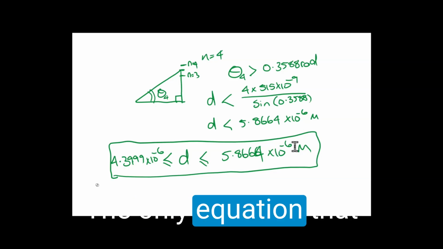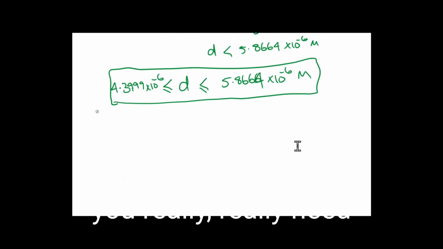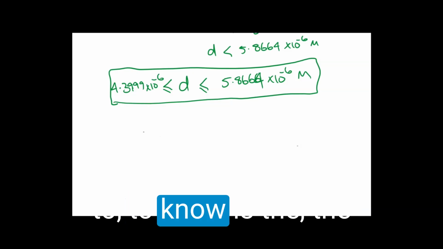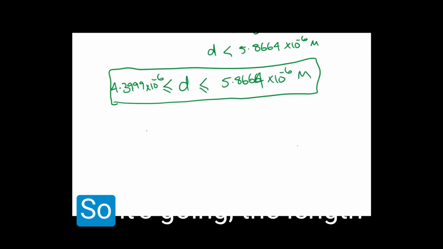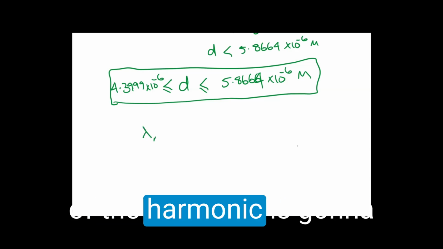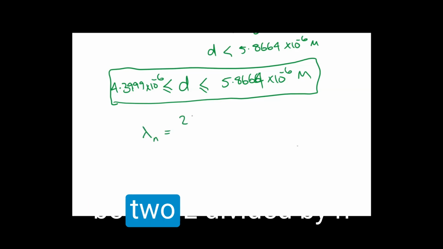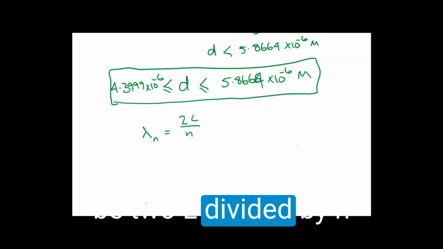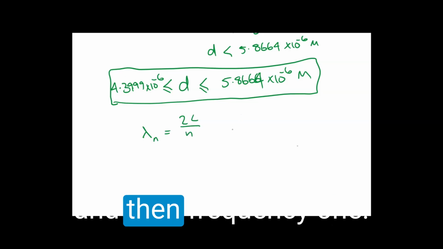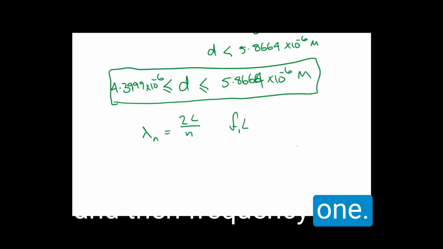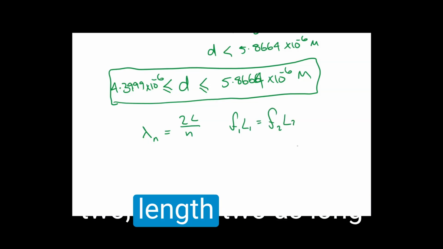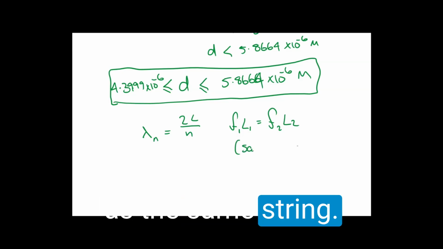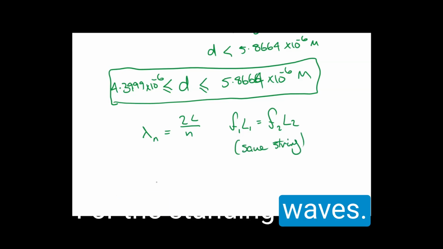The only equation that you really need to know is the length of the harmonics. The length of the harmonic is going to be 2L divided by n, and then frequency 1 times length 1 is going to be equal to frequency 2 times length 2, as long as it's the same string for the standing waves.